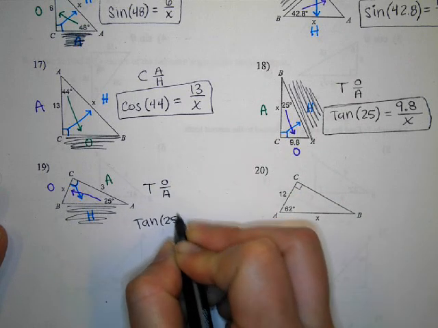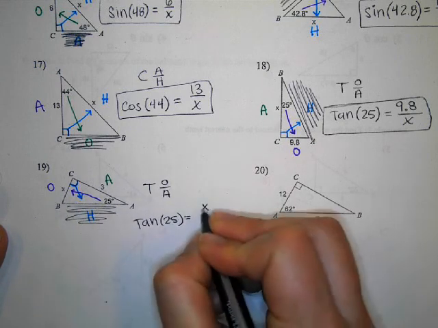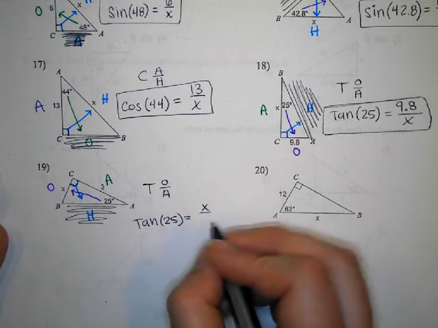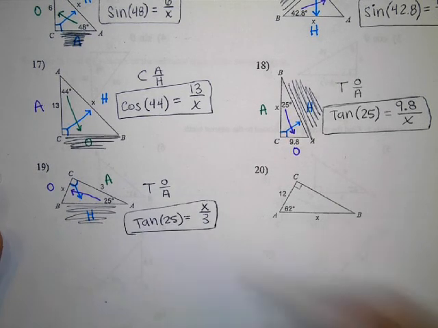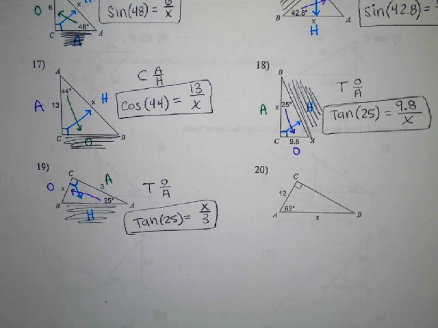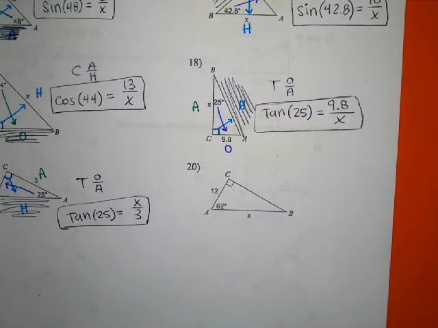That means we use O over A. Tangent of angle 25 is X over 3. We got that on 19. Nice. Good job. Cool. All right, 20.